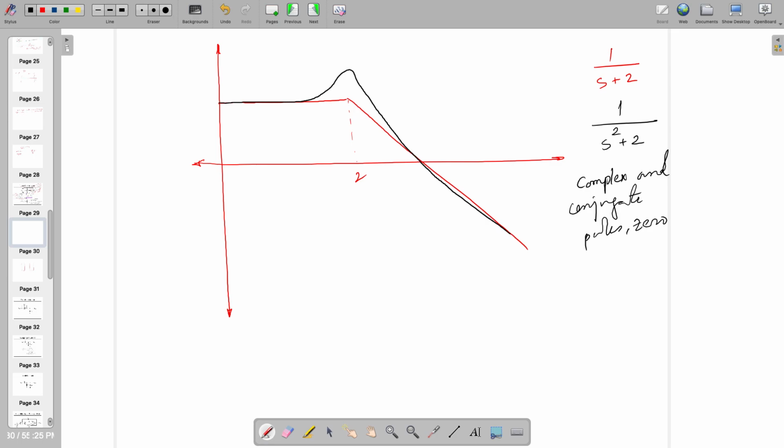If you keep Q equal to 1 by root 2, it looks like this one. As you increase Q till this point, it will give you the higher value.